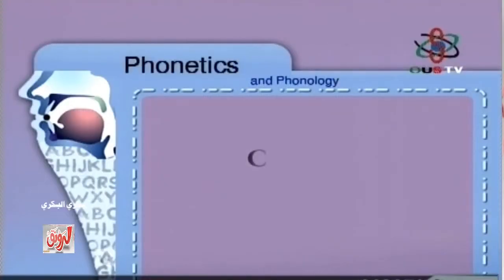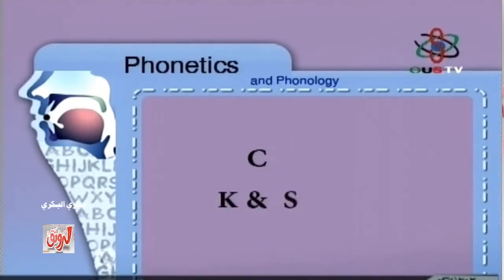Now, the same applies to consonants. In English, there are 26 letters. If you take away these 5, then you are left with 21 consonant letters. 3 of these are completely useless. I show you how. For example, the letter C. The letter C is pronounced either ka or sa.